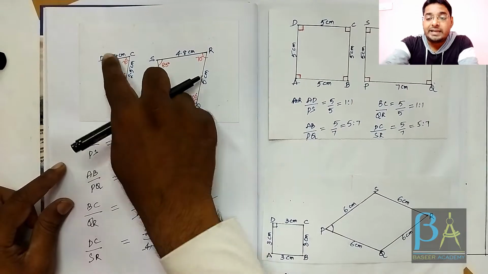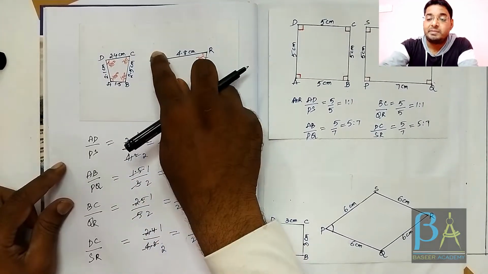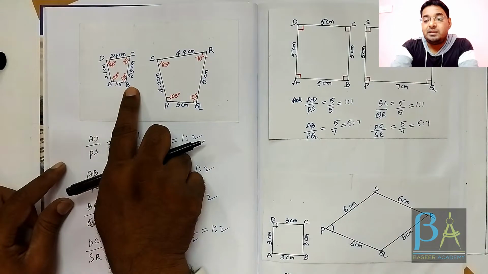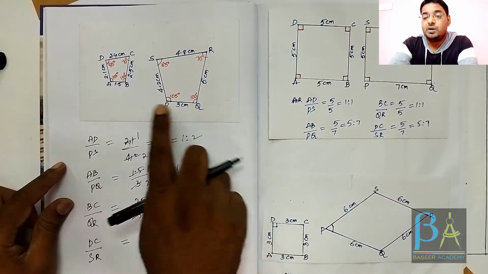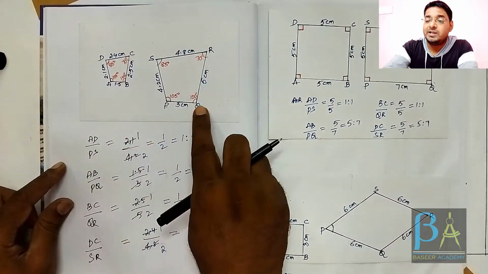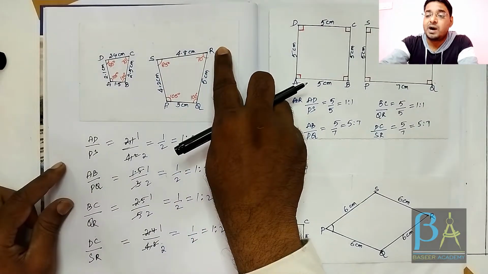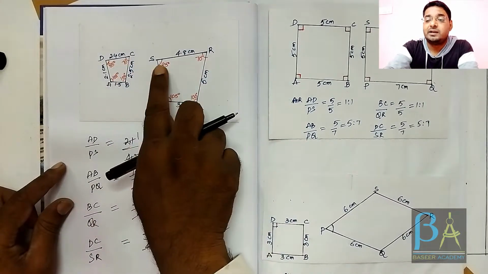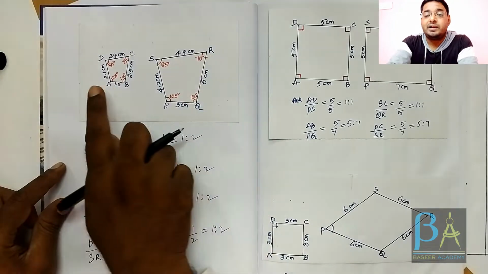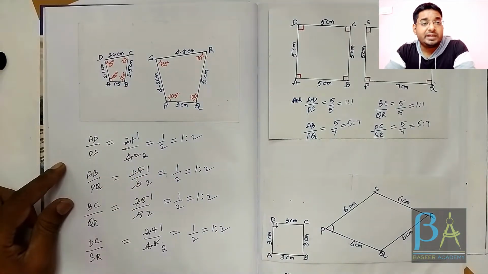For the side AD, the corresponding side is PS. For the side AB, the corresponding side is PQ. For the side BC, obviously the corresponding side is QR. For the side DC, the corresponding side is SR. So let us find out the ratio of the corresponding sides.